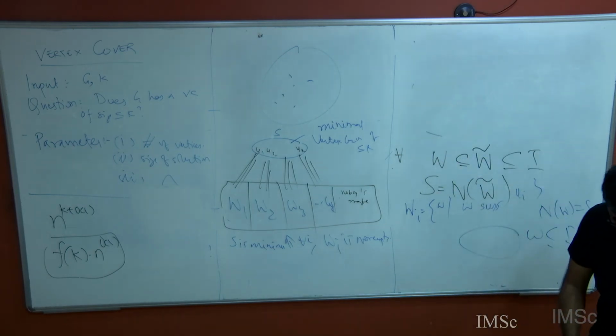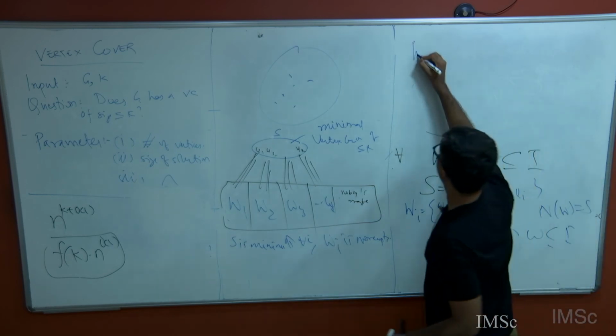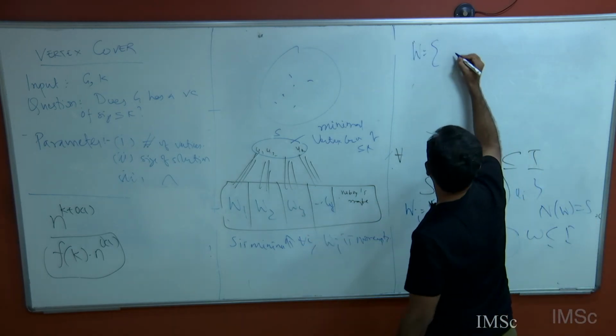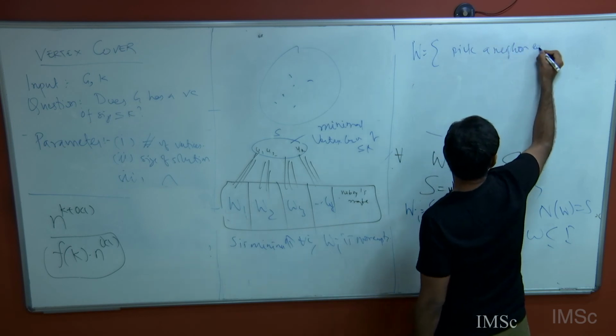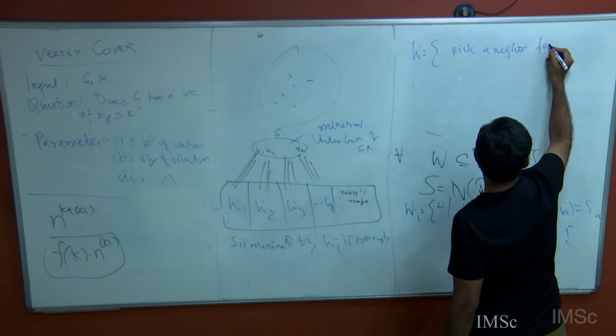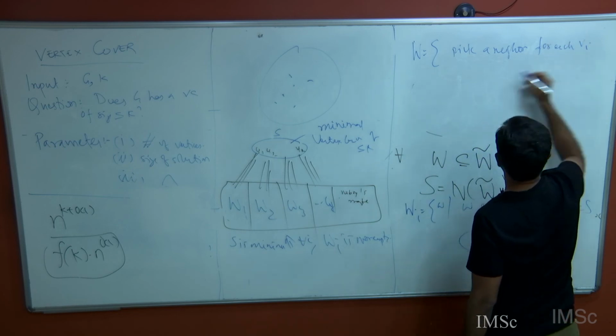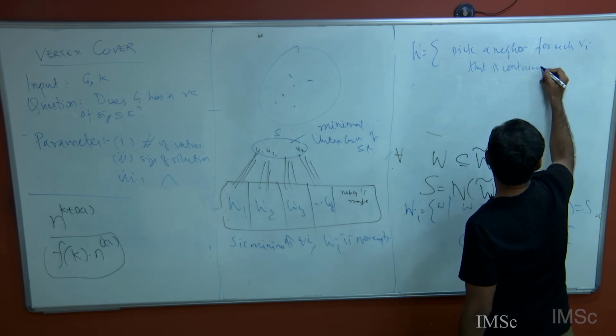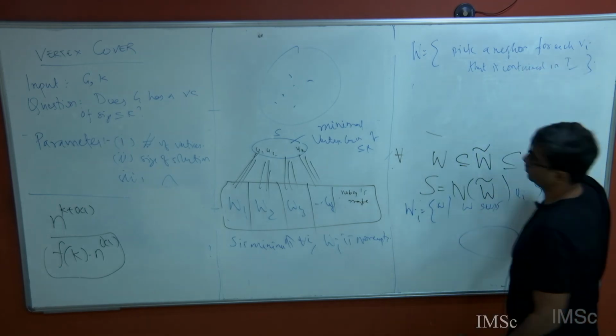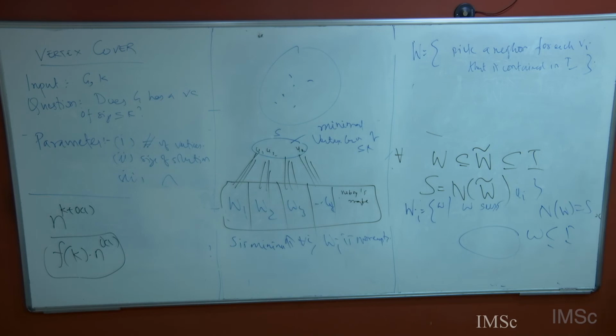So basically, if you want a very simple thing, what does W consist of? Pick a neighbor for each V_i that is contained in I. This is all that I want to say. Okay? And why does such a W exist? Because my S is a minimal vertex cover, which means for every vertex in S, there is some edge that it covers.